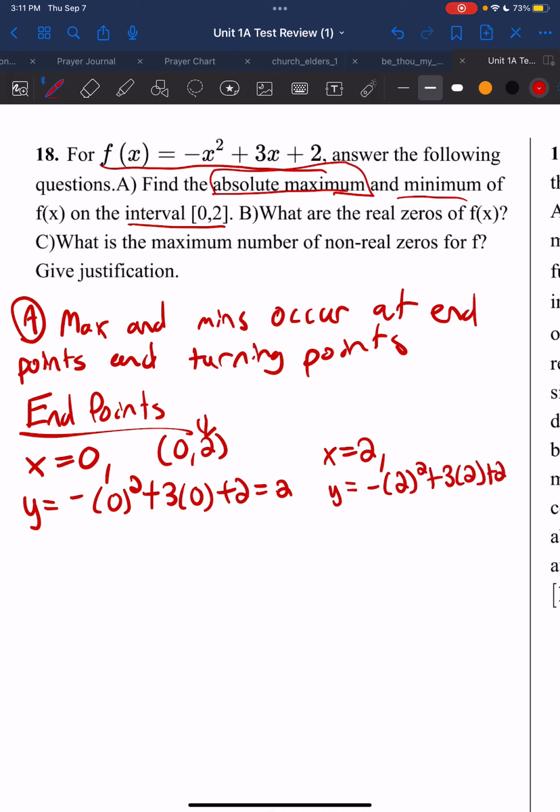Make sure that's right on the graph. So do the math really quick. Yep, (2, 4). And then my turning point that I found, my max or min.